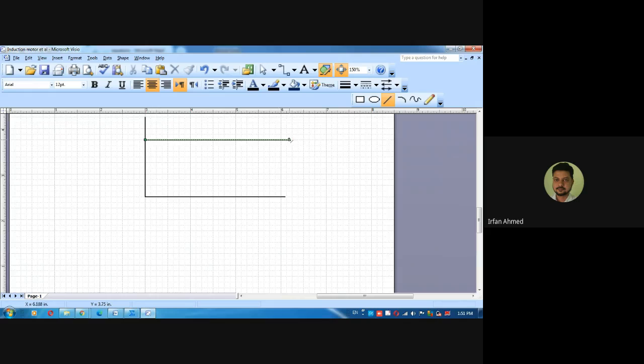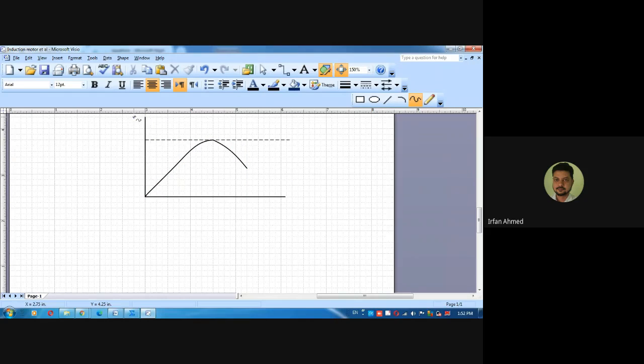Suppose this is the value of the maximum torque that we just calculated. Let us say this is the torque speed characteristic.